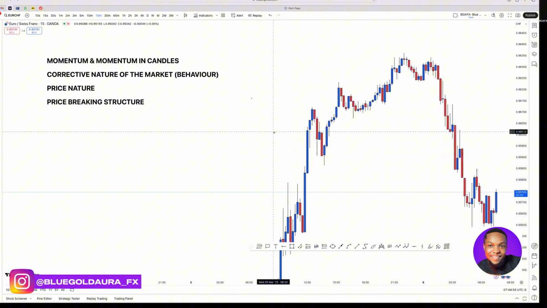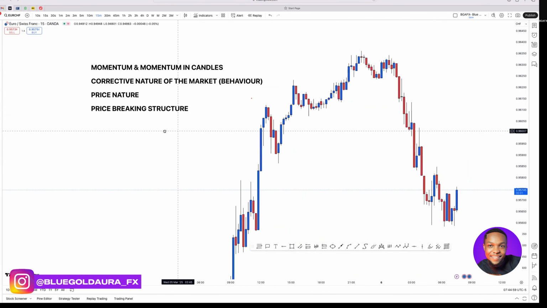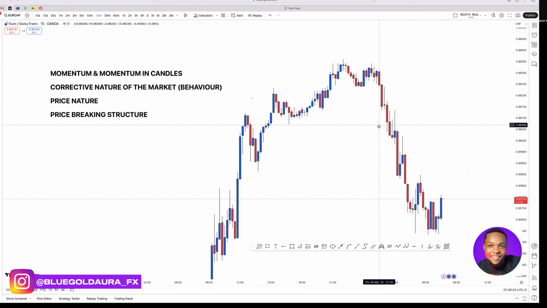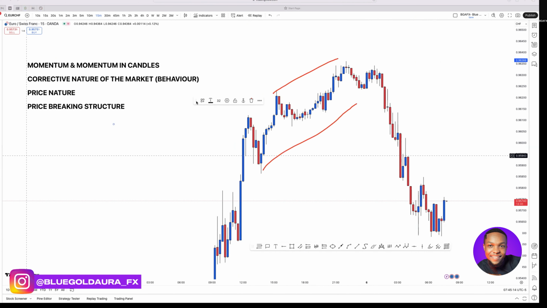Okay, so now let's continue to look at this. While I'm at the corrective behavior of the market, whenever you see this kind of behavior where the market is pushing price and starting to ascend, creating this sort of uptrend or ascending nature in the market, this is to show you that we are about to reverse.